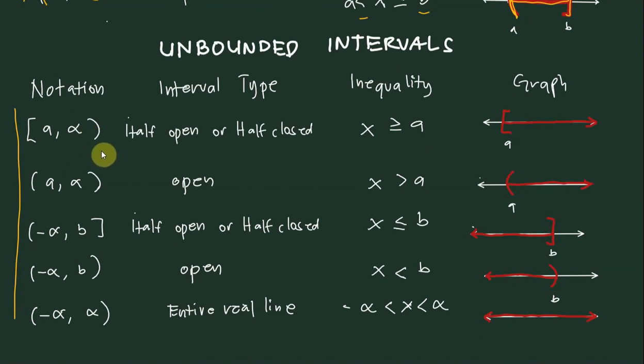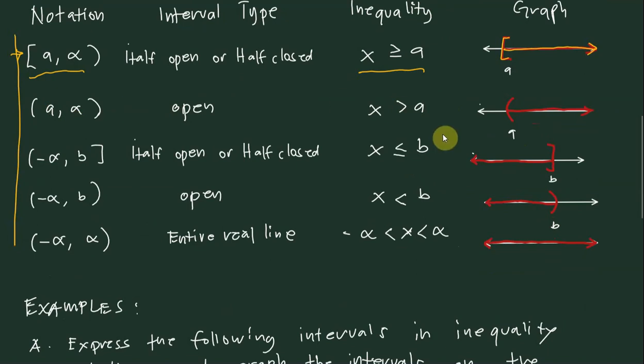In the first row, we have the interval from a, and then it goes all the way to infinity. So this set includes a up to positive infinity. In inequality terms, this is x is greater than or equal to a. So it includes a, and it also goes all the way to positive infinity.